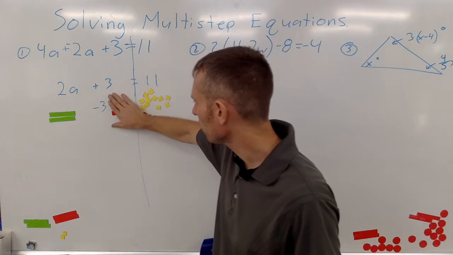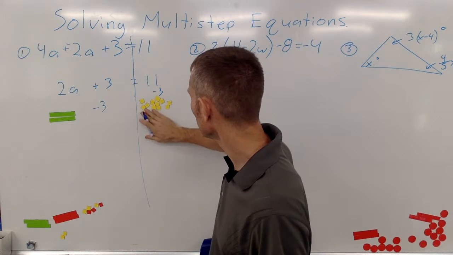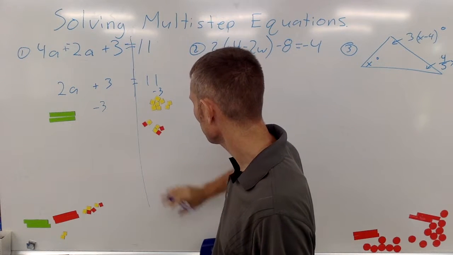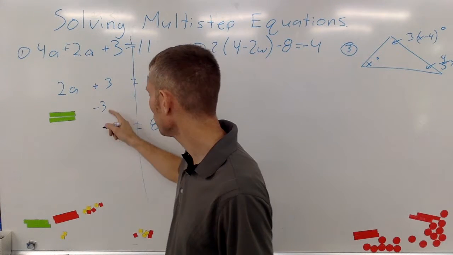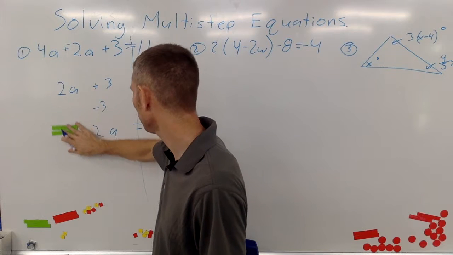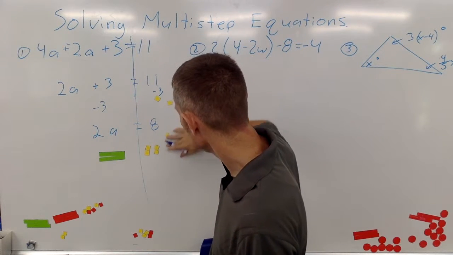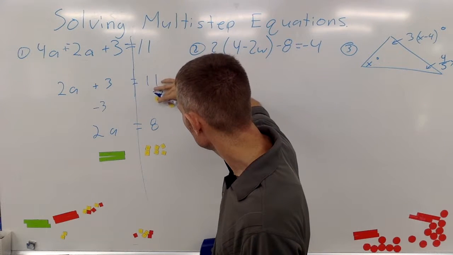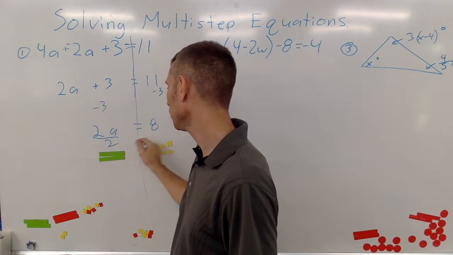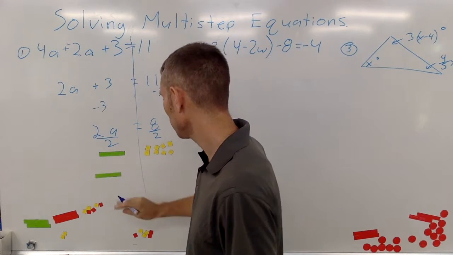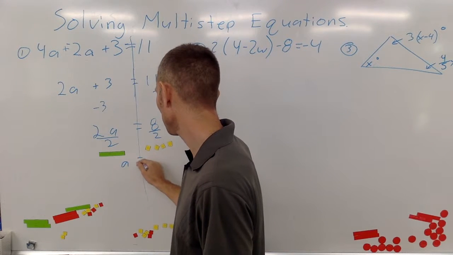Okay, so zero pair, these cancel. 11 minus 3 is going to give me 8. So I have 3 minus 3 is 0. 2a equals 8. Okay, now most of us know what to do next. Since I have 2a, a is being multiplied by 2, I'm going to divide by 2, divide this by 2, and I have a equals 4.